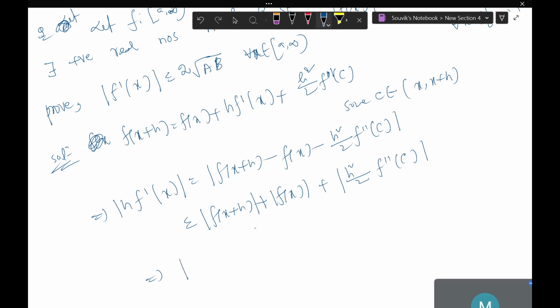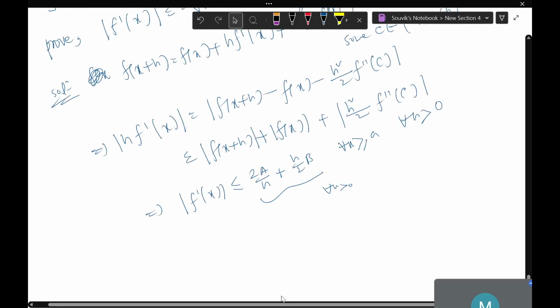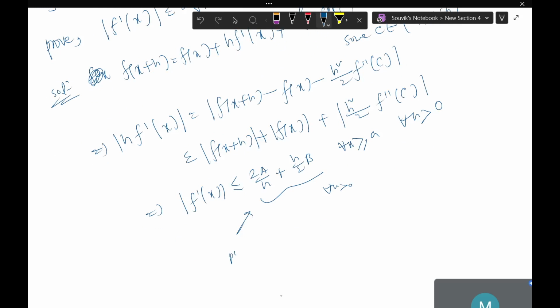So this implies |f'(x)| ≤ 2A/h + Bh/2 for all h greater than 0. Now since this holds for all h greater than 0, in particular take h equal to 2√(A/B). So this tells |f'(x)| ≤ 2√(AB).